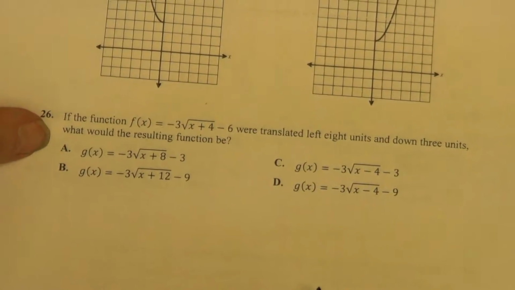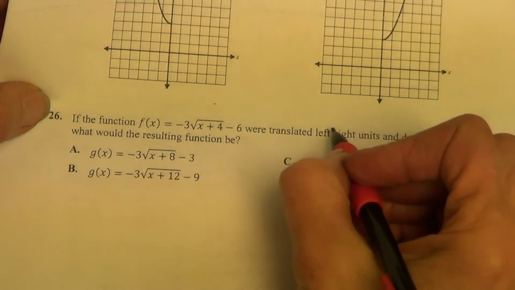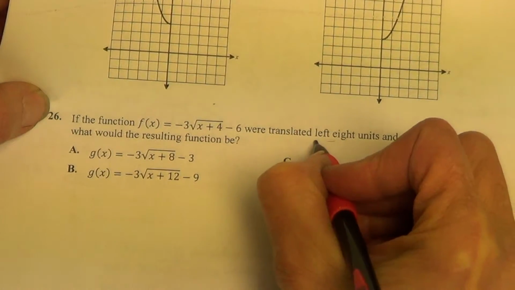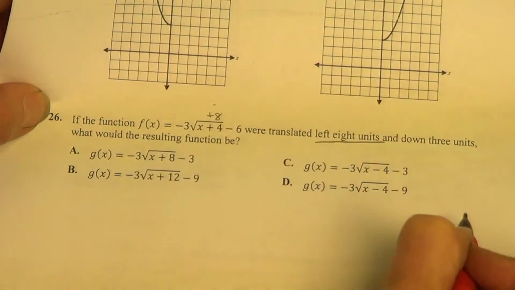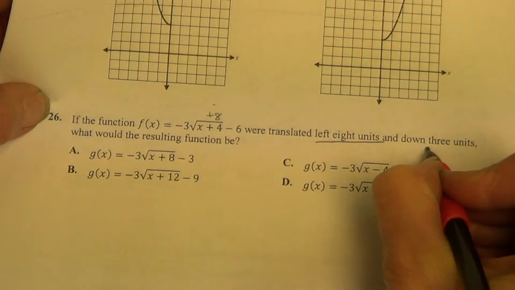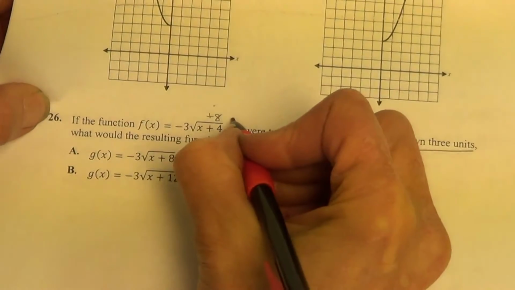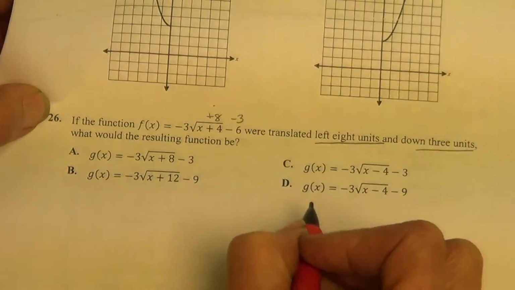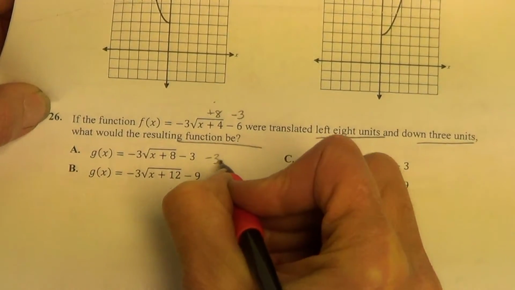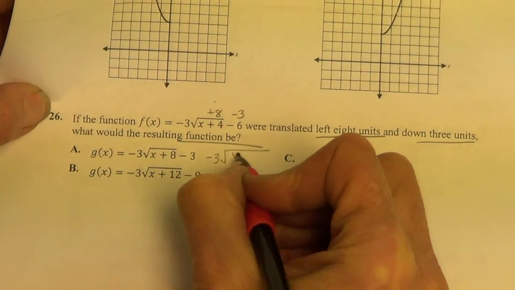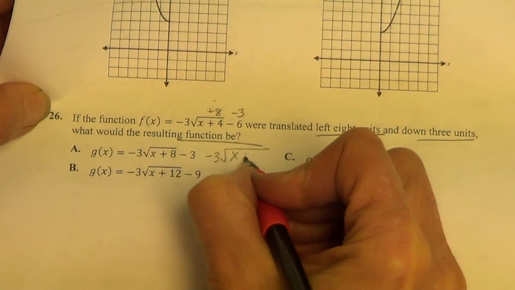Okay, next one. It says that we want to translate 8 units left. Left means plus inside of there. Down 3 units. That means minus on the outside, minus 3. Now just add them. Still have the negative 3 out front. Radical. X plus 8 and 4 would be 12.